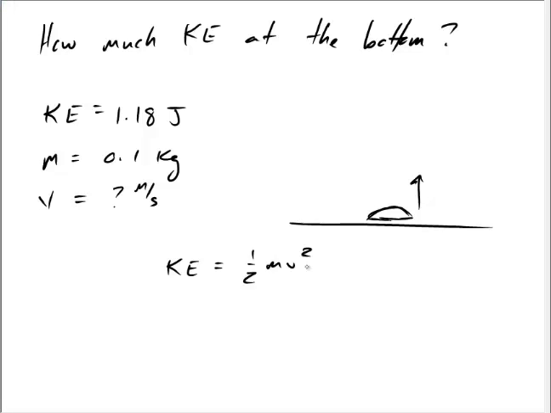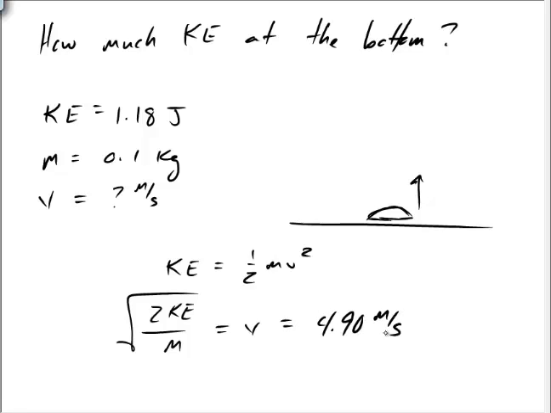And so I know the kinetic energy, and I know the mass. So I do a little algebra, and I work my way through this, and I determine the speed. So 1.18 times 2 divided by 0.1, take the root of the whole thing, and what do we get? According to your book again, 4.9 meters per second.